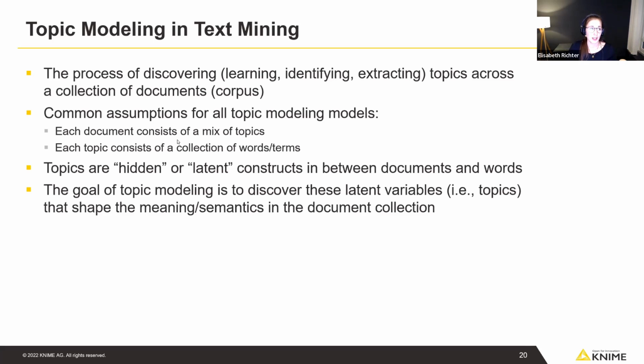That means if you have an article, for example, which is your document, it is not only about one thing, but about multiple things. The other assumption is that each topic can be explained by a collection of certain words or terms that are associated with this topic. I'll show you another slide in a second, which explains this a little better.